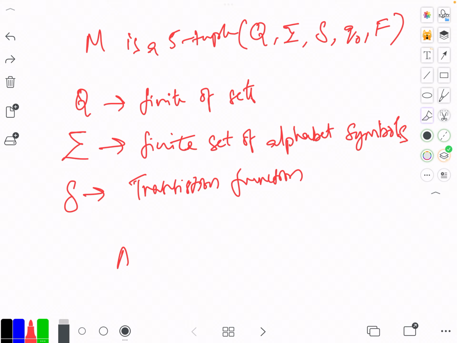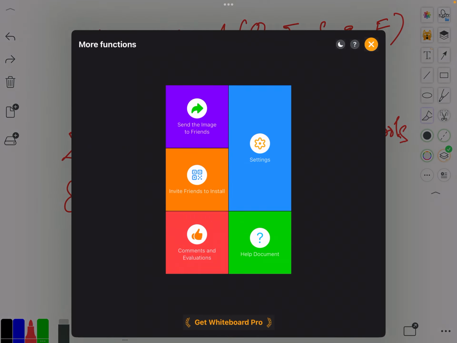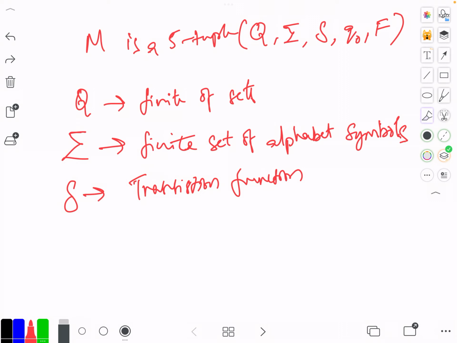Cool. Now how does this transition function work? The delta is nothing but Q times sigma, the cross product, which gives you Q. So every time it goes to another state, it's a finite set of states which we have.